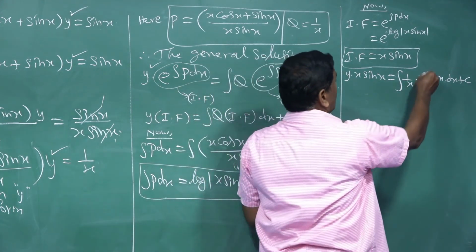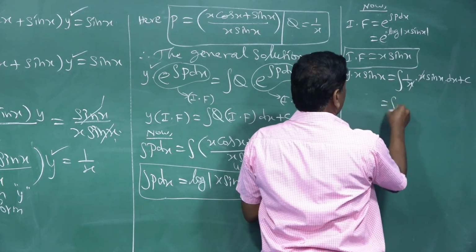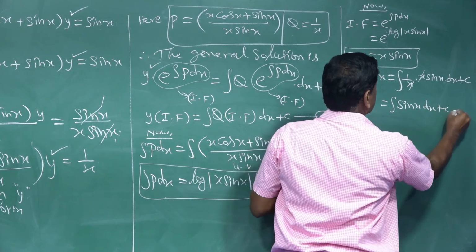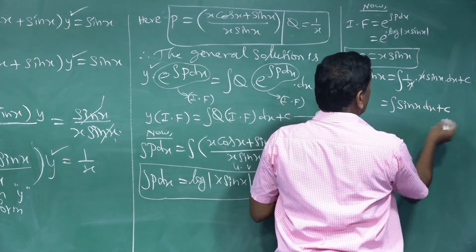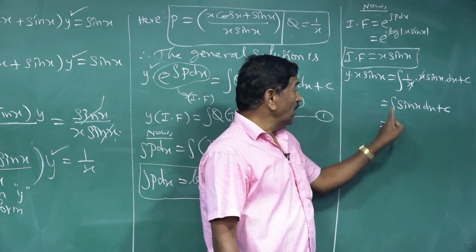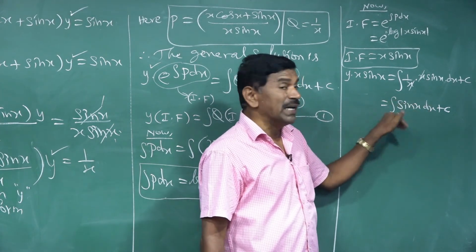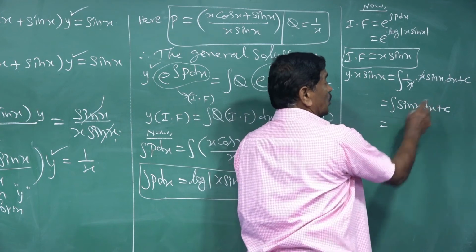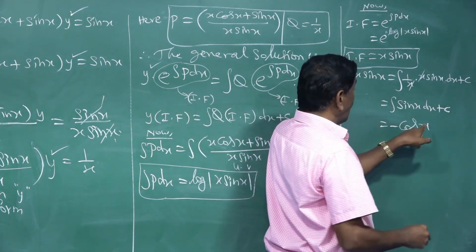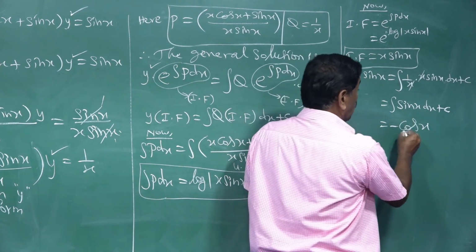Good. Here x cancels, and the remaining integral is sin x into dx plus c. The integral of sin x dx is equal to minus cos x, and x coefficient goes inside as divided by 1.